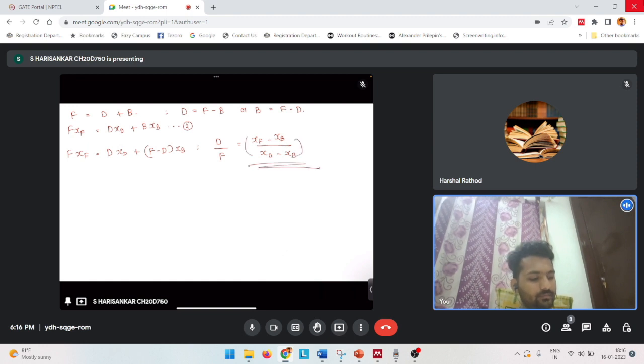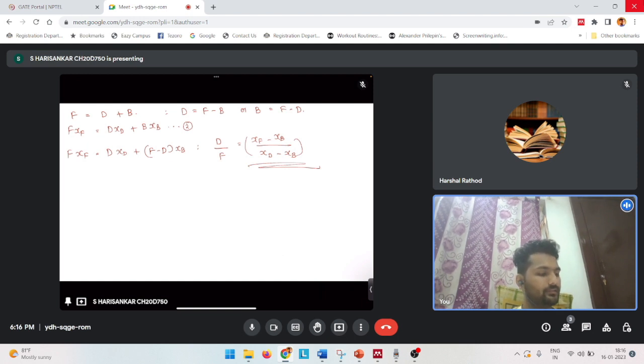This is just a simple rearrangement of this equation here. So let us take this as equation number 3.